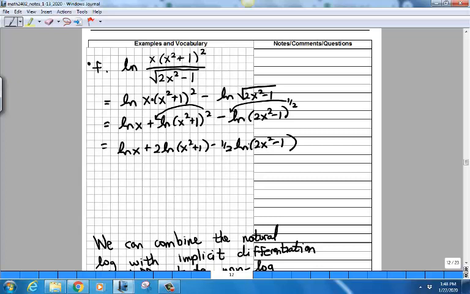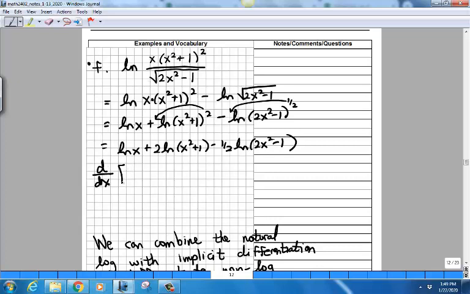All of that is not calculus. All of that is just applying the natural log properties to simplify that natural log expression. Now we're going to compute the derivative, but it's going to be much easier now to compute the derivative of this expression than the original one.